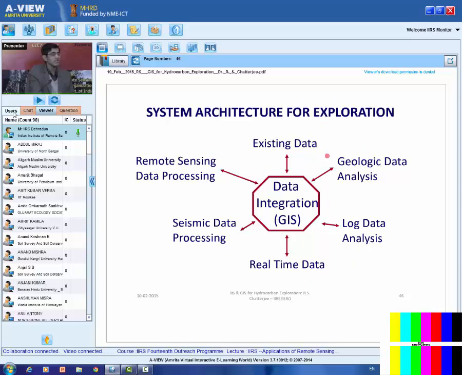All these data together we need to see together, visualize together, analyze together and integrate together, and based on that we need to take the decision. The success of oil exploration is based on how nicely we can integrate and visualize different kinds of information together.